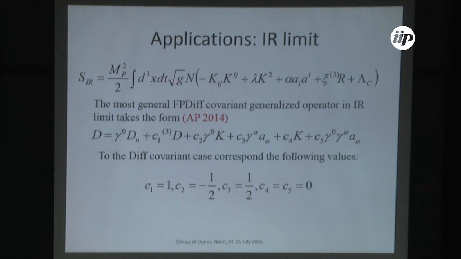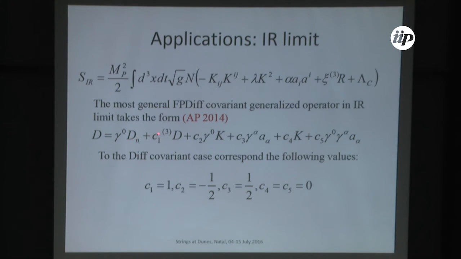This is the infrared limit of Horava's gravity. This partially answers your question, Daniel, also. We put some terms which are odd, this one and this one with gamma 0 here. Those terms were very crucial for us, because if you don't include these two terms in the Dirac operator, you don't reproduce Horava's limit.